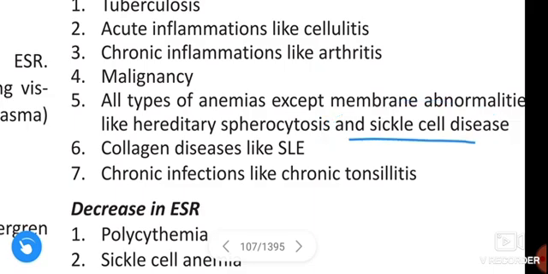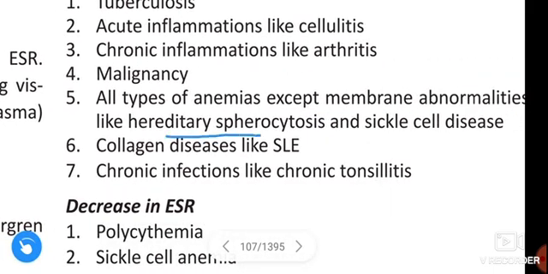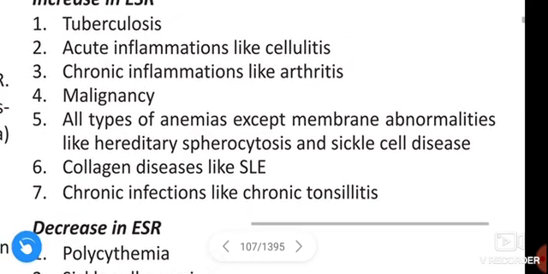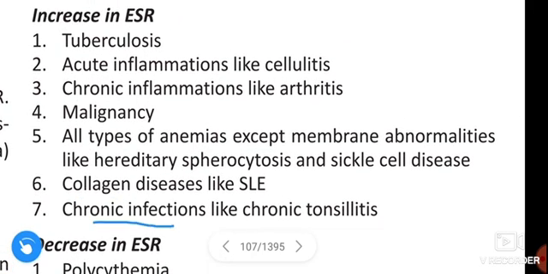In hereditary spherocytosis and sickle cell anemia, the shape is changed. Also collagen diseases like SLE and chronic inflammations like chronic tonsillitis.